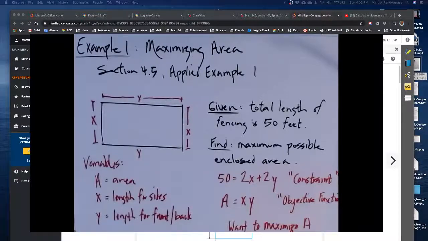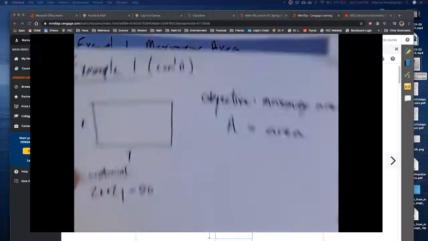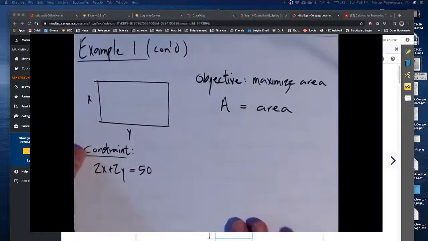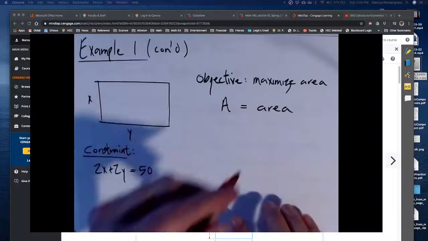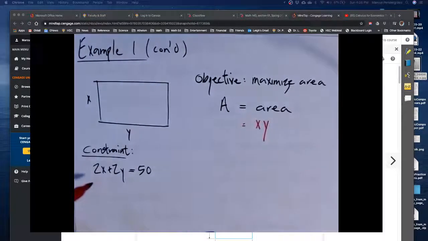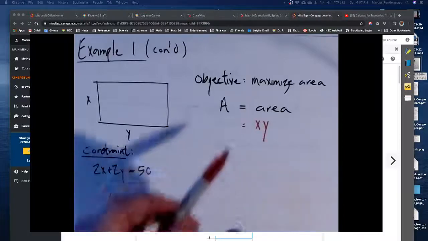Well, let's just keep plowing ahead with this. I've just basically copied some of that information onto this second slide here. And we know that the area is, of course, x times y, and you have your constraint down here. We know how to maximize and minimize functions. We've talked about that with respect to the first derivative test and the second derivative test. So why don't we just apply that information to this function?